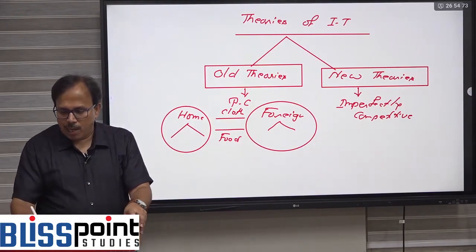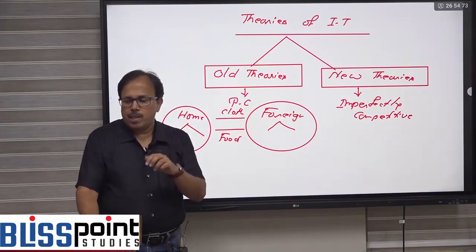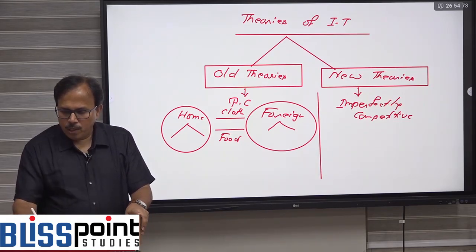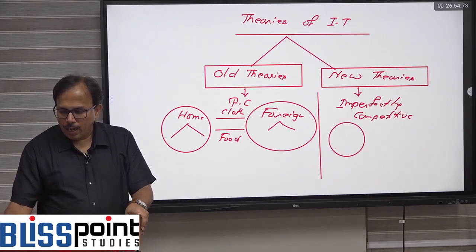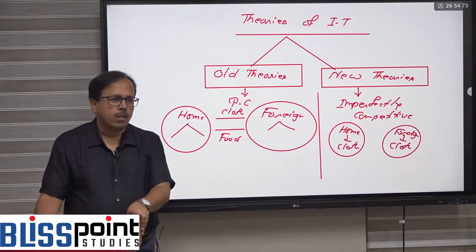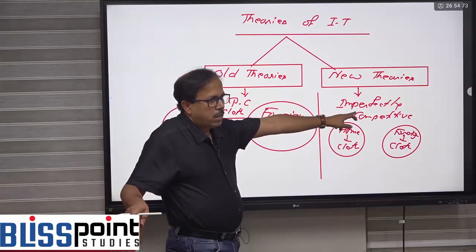But if I say that the market is imperfectly competitive, in that condition what will happen? When market is imperfectly competitive, in the home country there is production of cloth, in the foreign country there is production of cloth. So I am referring to only cloth here. But these are not identical cloth. They are differentiated cloth because it is based upon which market?